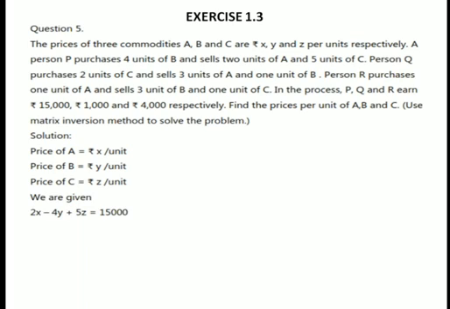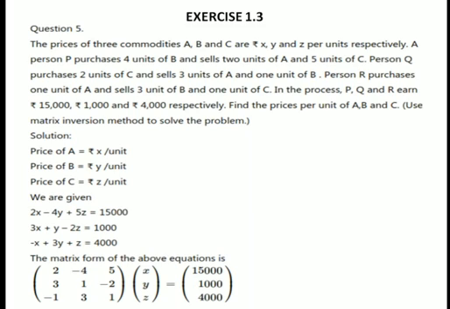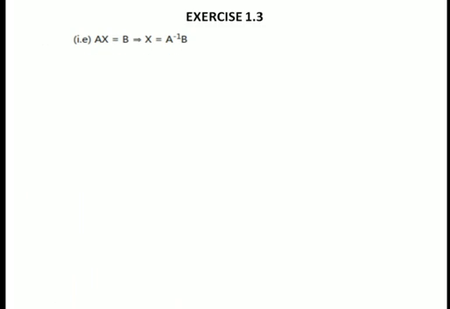We are given 2x minus 4y plus 5z equal to 15,000. 3x plus y minus 2z equal to 1000. Minus x plus 3y plus z equal to 4000. Then you take the matrix form and get AX equal to B, X equal to A inverse B.